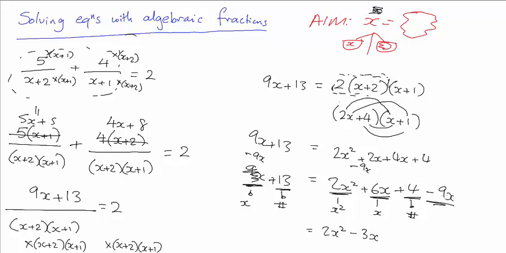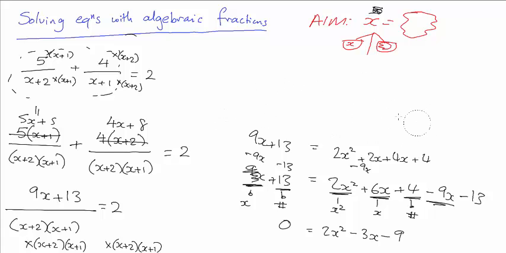And then we're also going to take away this 13 from this side, so we've got plus 4 minus 13. That gives us a minus 9. So actually, we end up at this point. Let me put this in red as well. I want to really make a point of this. So we've got to this stage.